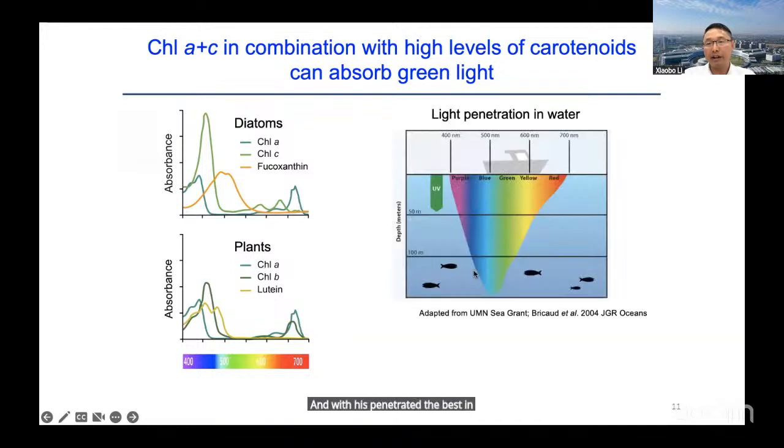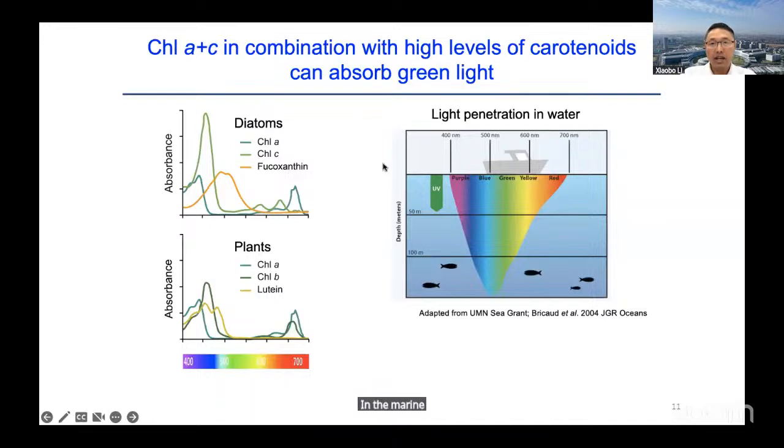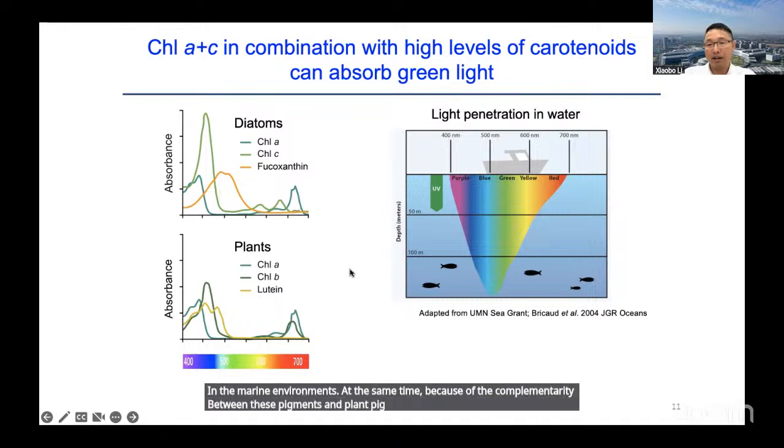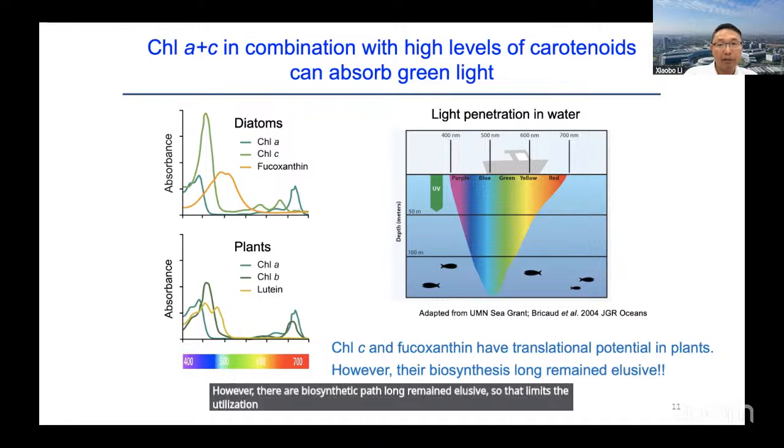So this is definitely a good strategy for their survival in marine environments. At the same time, because of the complementarity between these pigments and plant pigments in absorption, they could have translational potential in plant synthetic biology. However, their biosynthetic paths long remained elusive, so that limits the utilization of these pigments.